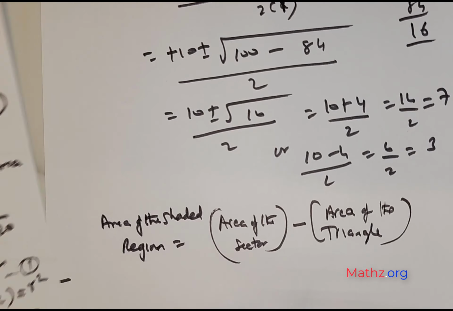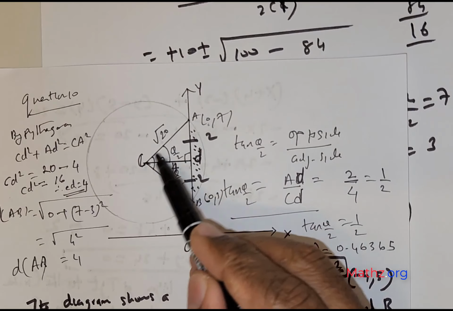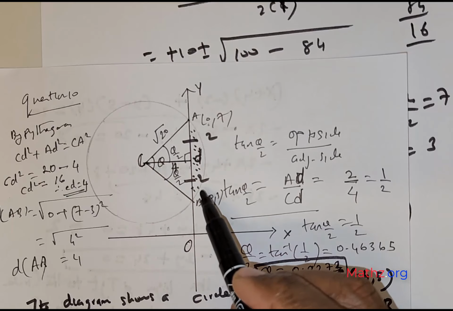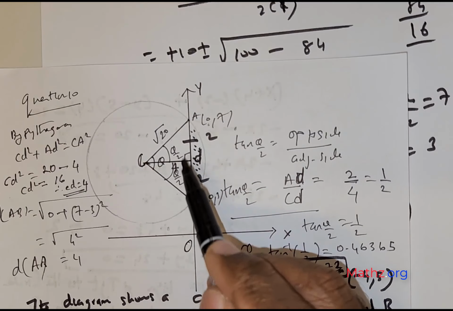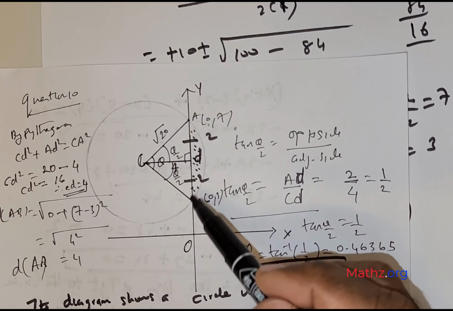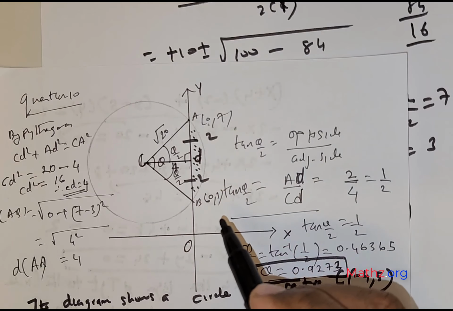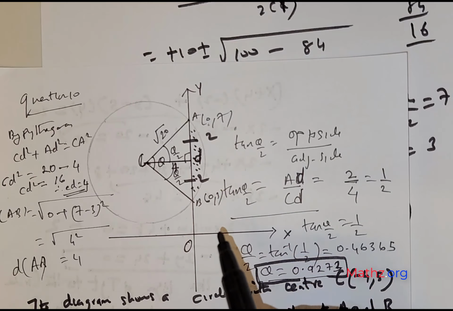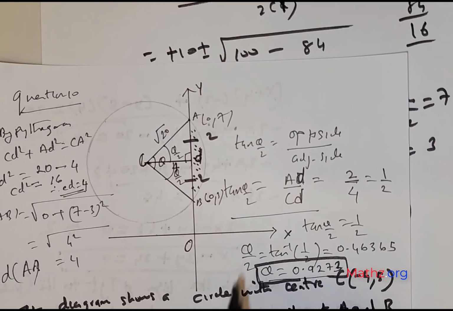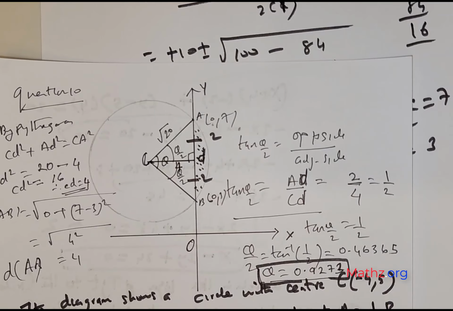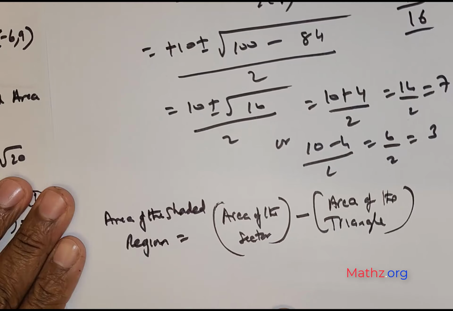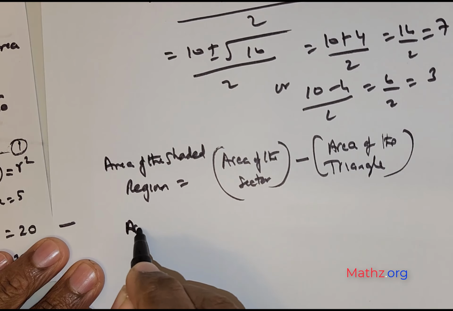You see here, this is the sector, this entire thing is a sector. From the sector we take away the triangle, the entire triangle we need to take out. So foremost I'm going to give you the sector area. So let me find the area of the sector.